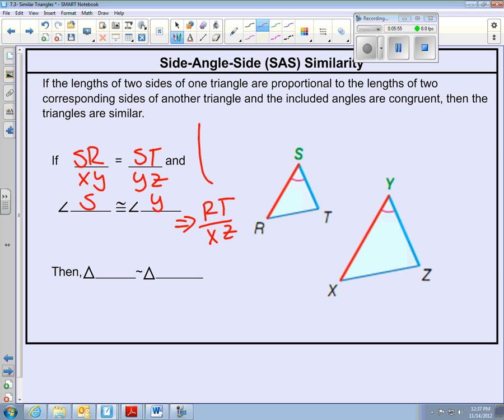And that's coming from our SAS congruence theorem. Because we know if our sides and our other sides and our angles are congruent, we can say that that third side is going to have the same proportion. So RST and XYZ are going to be similar triangles.